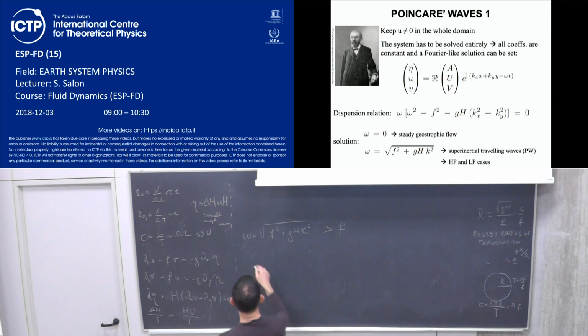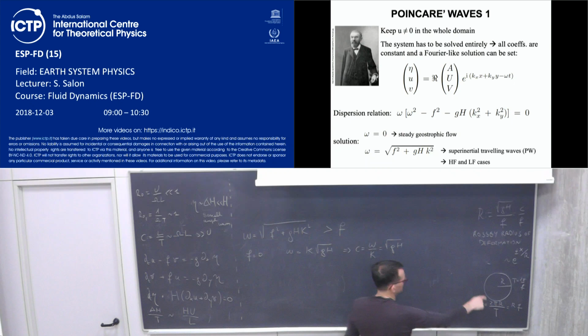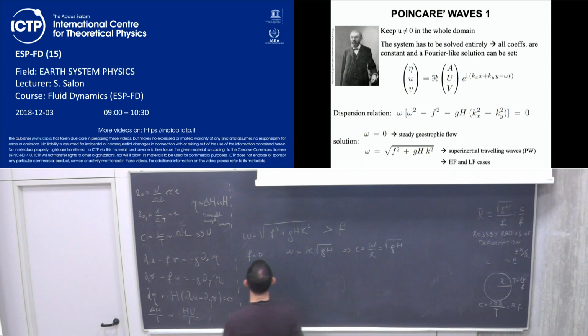If we have f equal to 0, so we are arresting our rotation, omega will be simply k times the square root of gh. And since we can define the phase velocity as the ratio between omega and k, this is again nothing more than the surface gravity waves, okay?